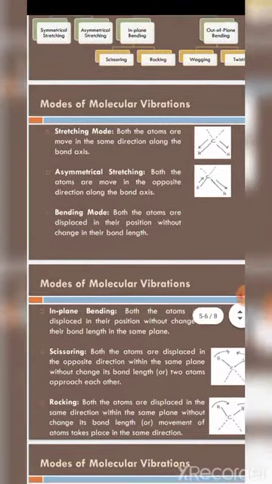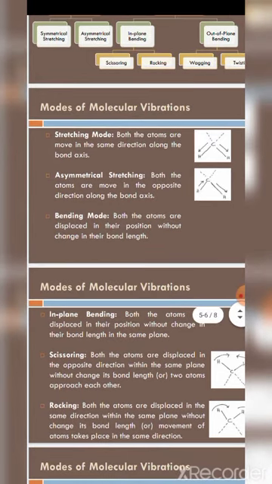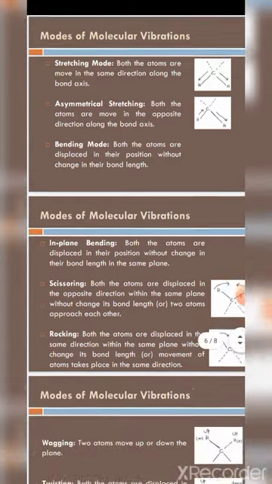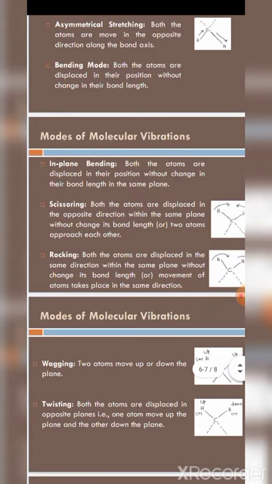And coming to the next one, bending mode, both the atoms are displaced in their position without changing their bond length. Here the atoms will get interchanged with each other, but their bond lengths will remain as they are. And the next one is in-plane bending. Both the atoms are displaced in their position without change in their bond length in the same plane.